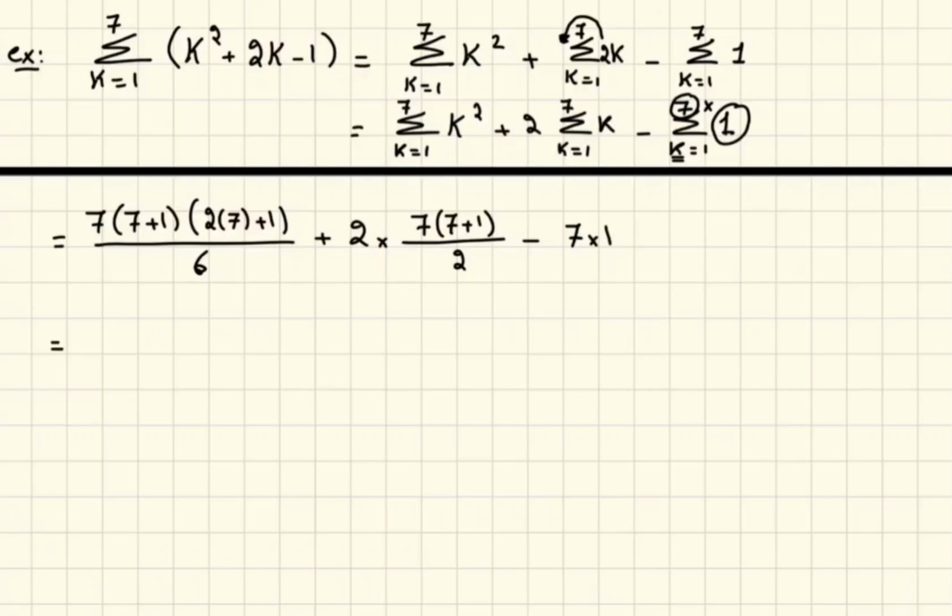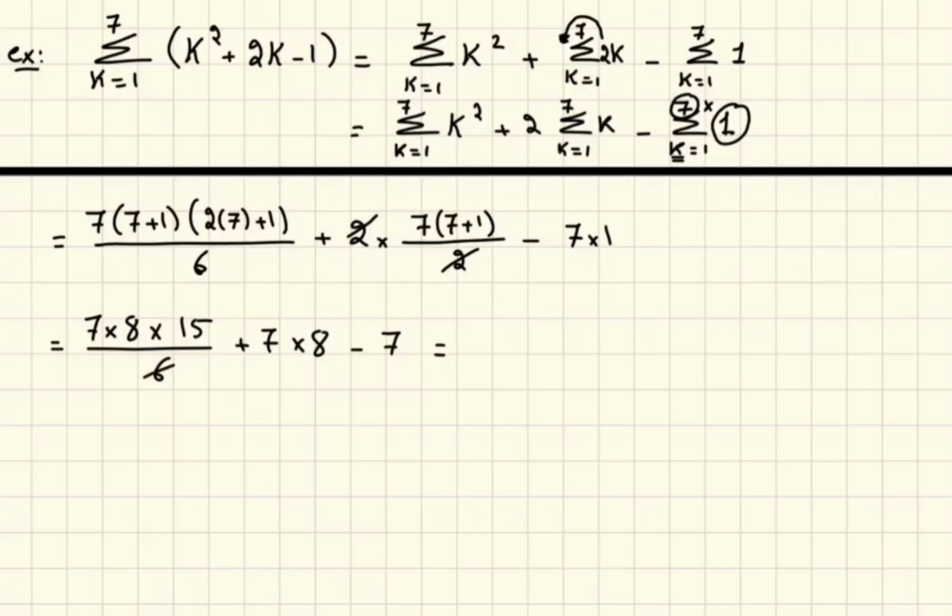Let's proceed with this. So I have 7 multiplied by 8 multiplied by 2 times 7 is 14 plus 1, which is 15 over 6. Here, you notice that we have 2 and 2, they cancel out, so you get 7 times 8 minus 7 times 1, which is only 7, equals.